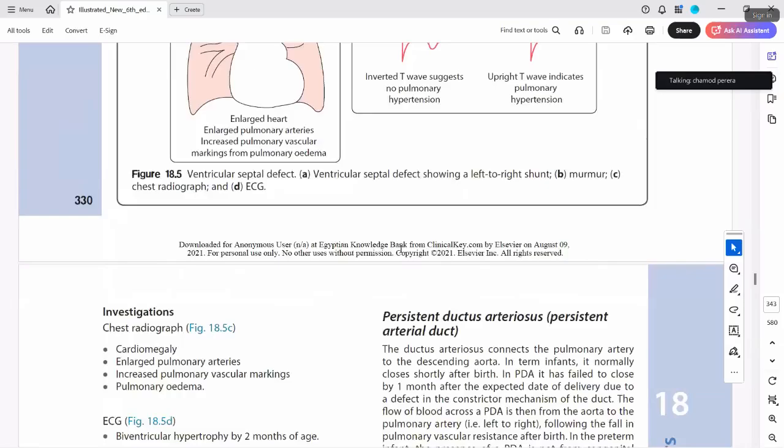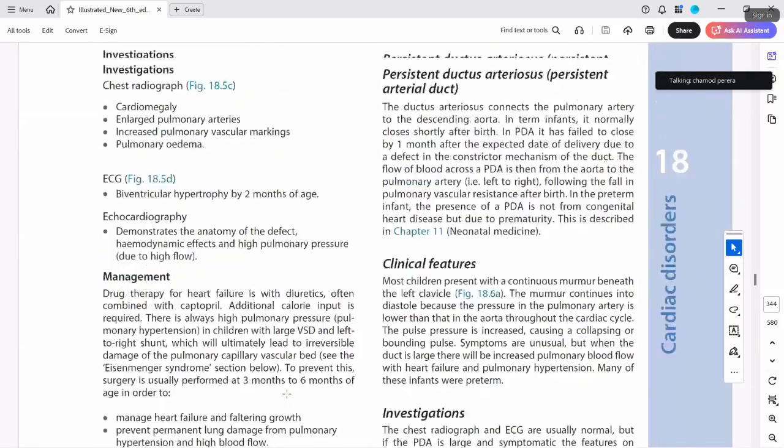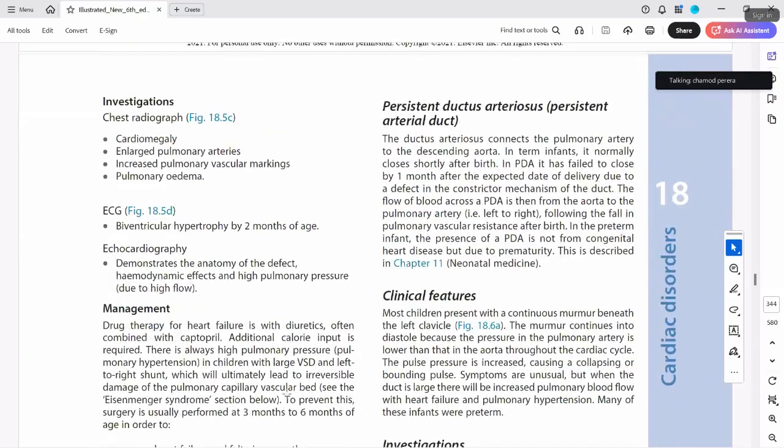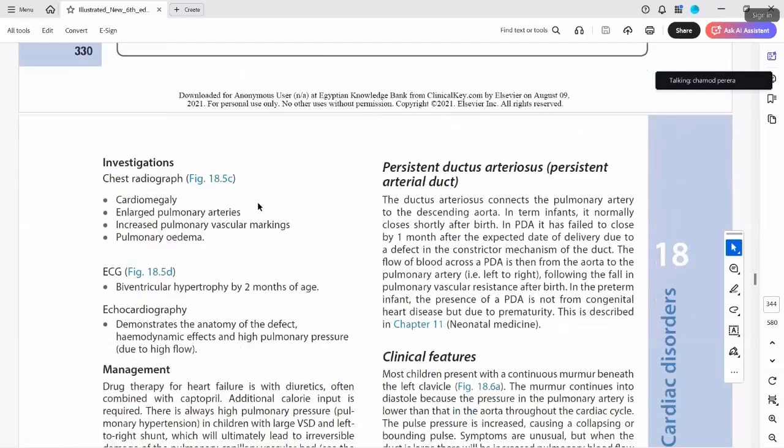Management-wise, interventional device closure and surgery are the two options. If they were to perform surgery, they should perform it around 3 to 6 months, and that is also to prevent Eisenmenger. I will talk about Eisenmenger later.